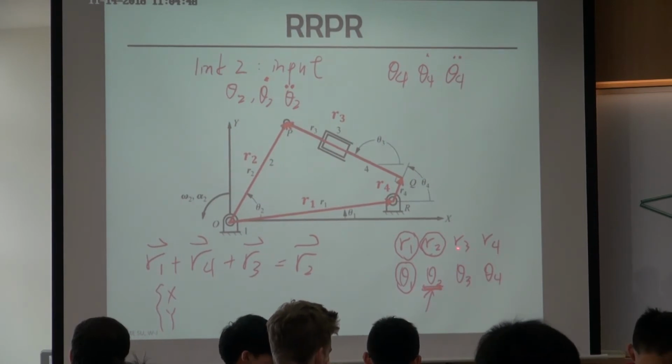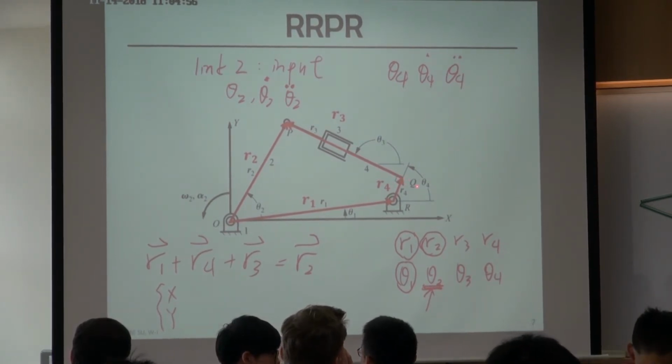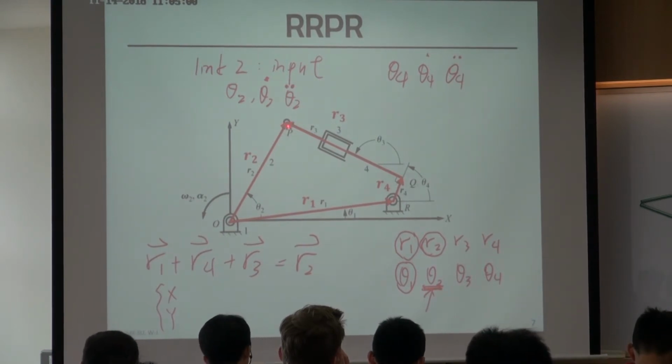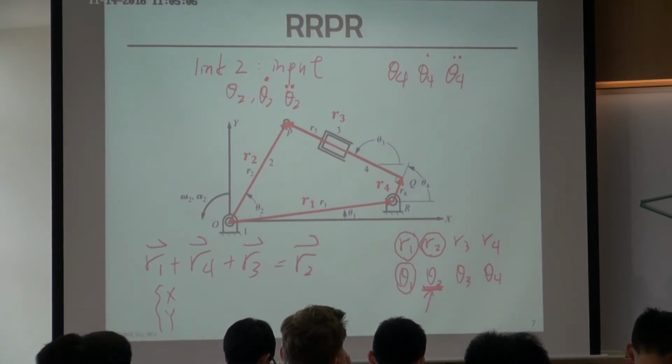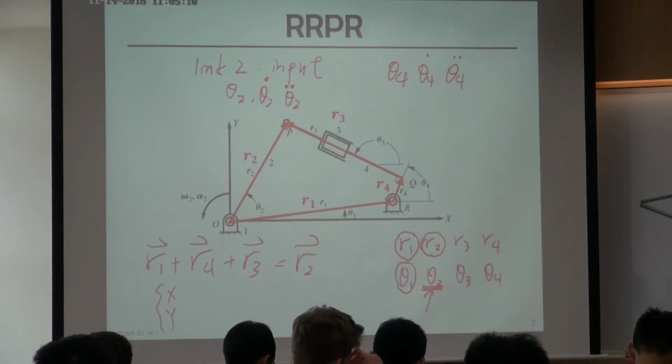And how about R3? R3 right now is this vector starting from here pointing to this R joint. But because there's a sliding pair here, if this one is sliding, then the length of R3 should change.